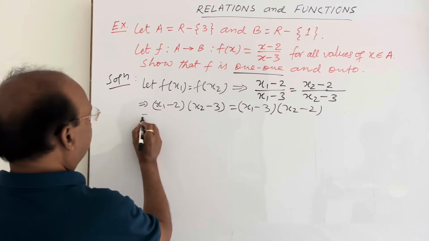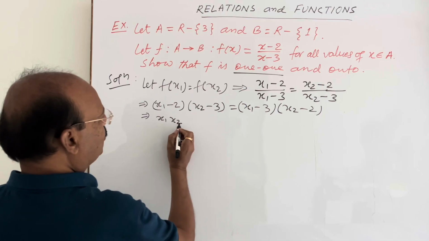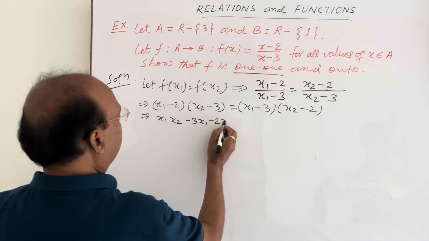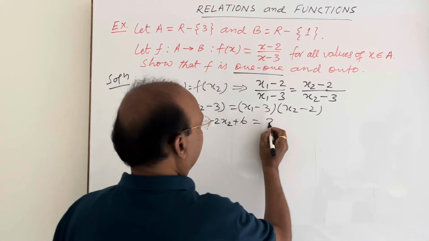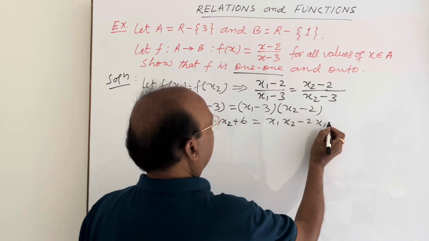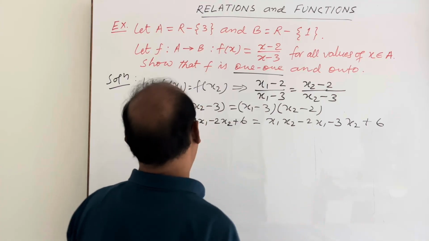Let us simplify it further. Here we will get x1 into x2 minus 3x1 minus 2x2 plus 6, and on the right hand side x1 into x2 minus 2x1 minus 3x2 plus 6.